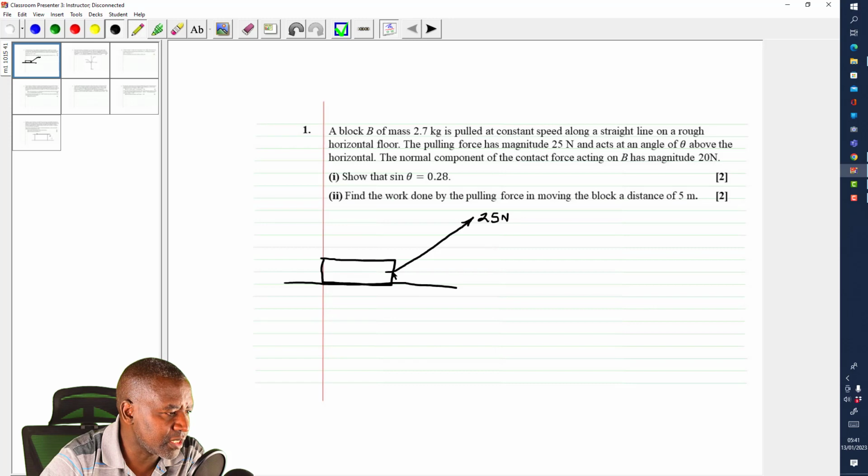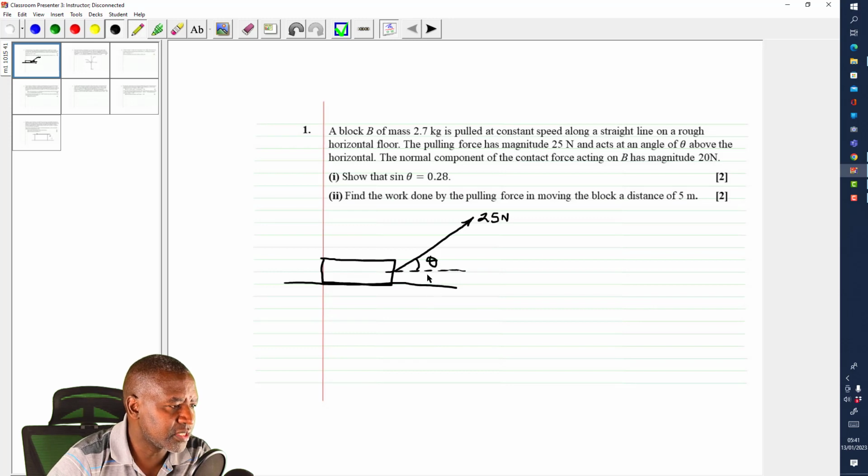It is acting at an angle theta to the horizontal. This angle here is theta. It's got a mass of 2.7 kilograms, so its weight must be mg. g is 10, so its weight becomes 27 newtons.